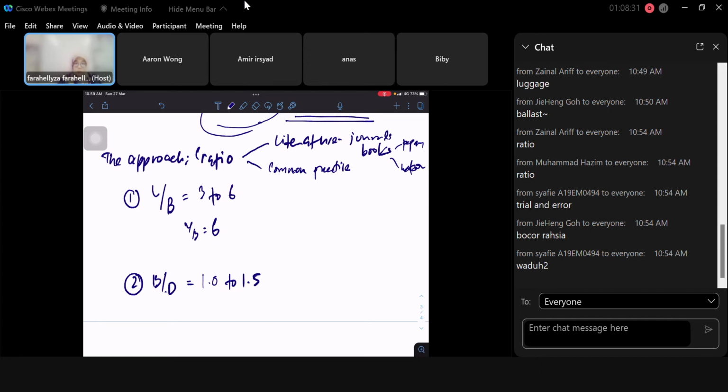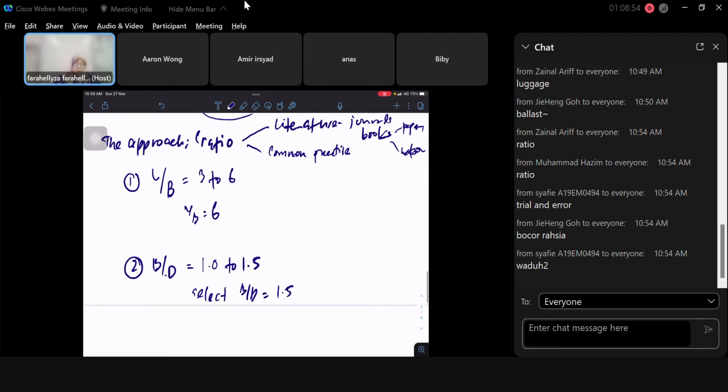Once again, you select any value. Maybe I want to take 1.5 or maybe I want to take 1.0. It doesn't matter as long as it is within the range. That is the second ratio.